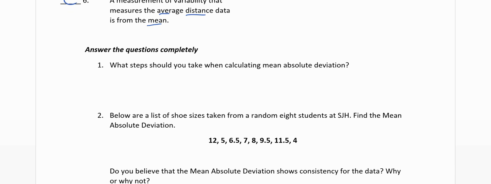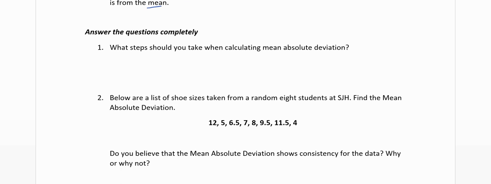So what steps should you take when calculating mean absolute deviation? Well, number one, you should find the mean. Next, you should find the distances your data is from the mean.